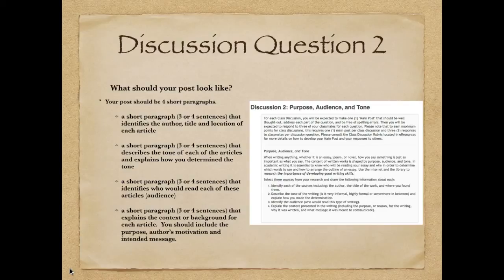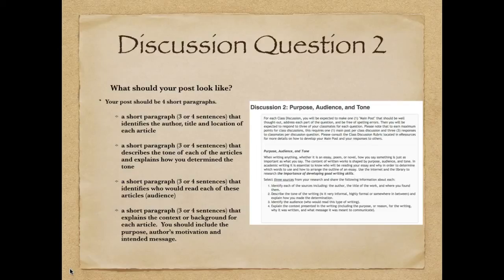And then your third short paragraph will identify who would read each of these articles. Who is the audience? Who was this article written for? And then finally, a short paragraph that explains the context or background for each article. And you should include the purpose, the author's motivation, and the intended message for that.